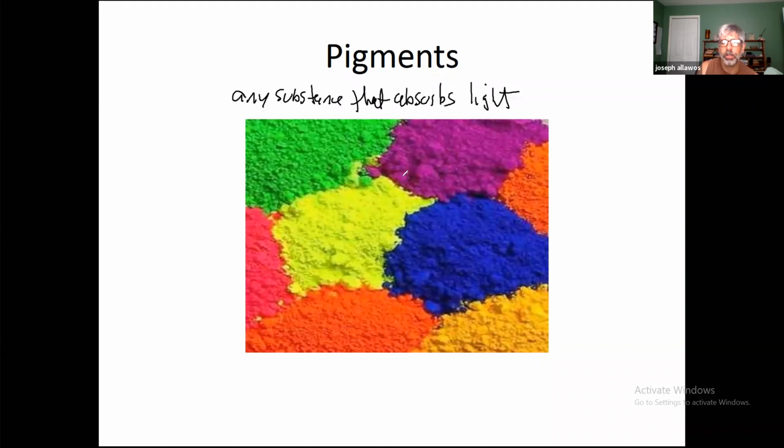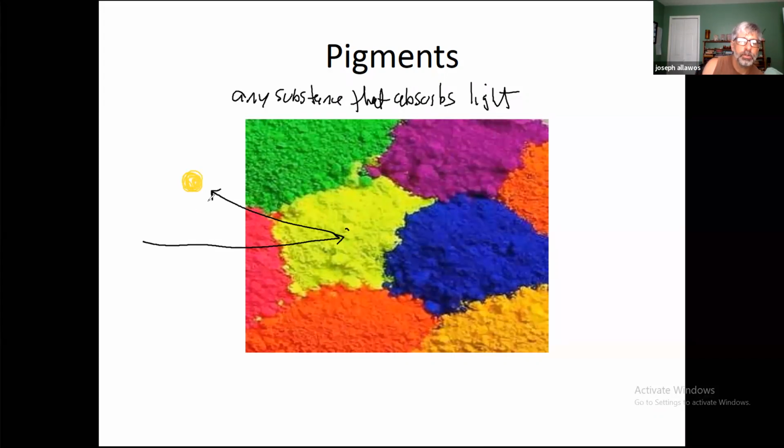Why does something look the color that it does? Well, let's take this yellow, for example. Roy G. Biv, all the different visible colors of light are hitting this yellow pigment, right? And the color that you see it as is the color that's being reflected.